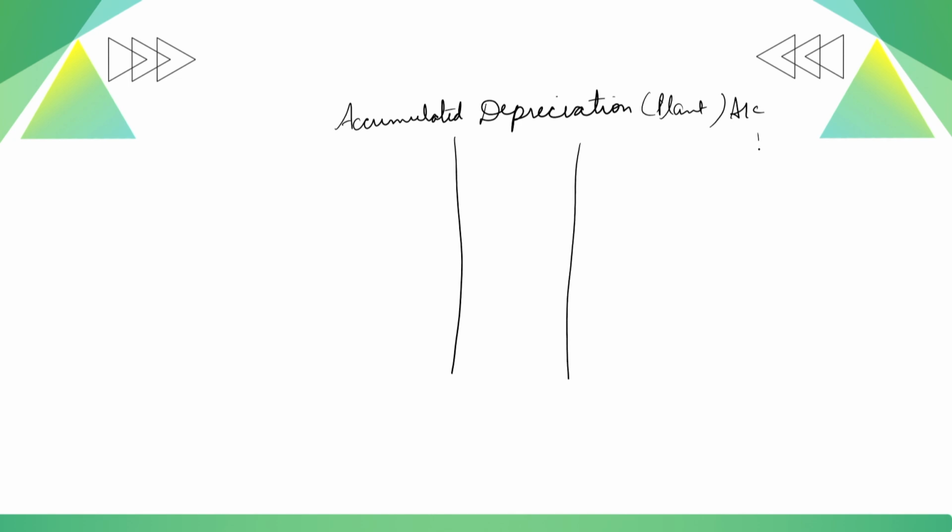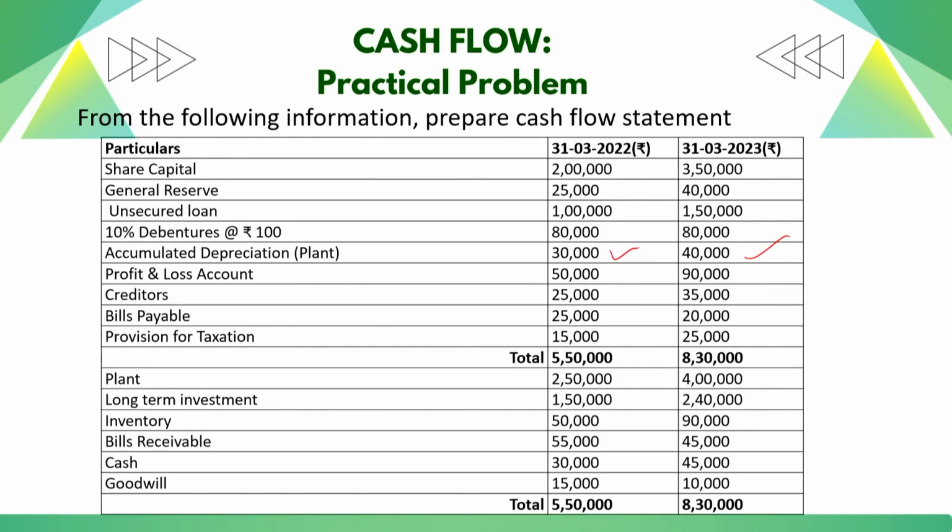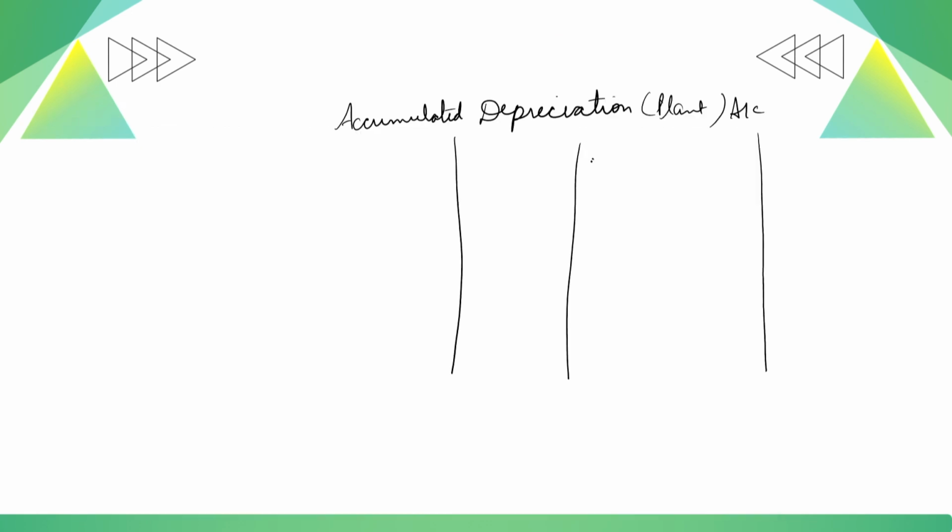As per the balance sheet figures, we know the opening balance of the depreciation is 30,000 and the closing is 40,000. So we show the balance brought down as given for the past year, 30,000, on the credit side and the current balance, 40,000 rupees, on the debit side.